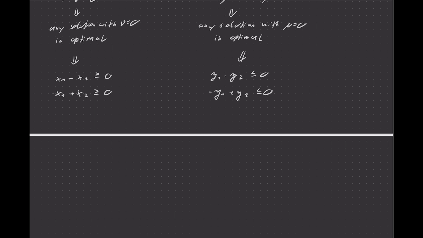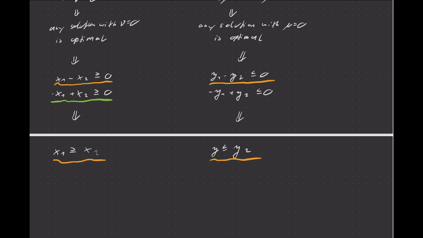Now let's try and plug those together. If we first look at this here and this here, what that tells us is x1 is greater or equal to x2. And for the y's, it says y1 is less or equal to y2. So we got this here from the orange inequality.